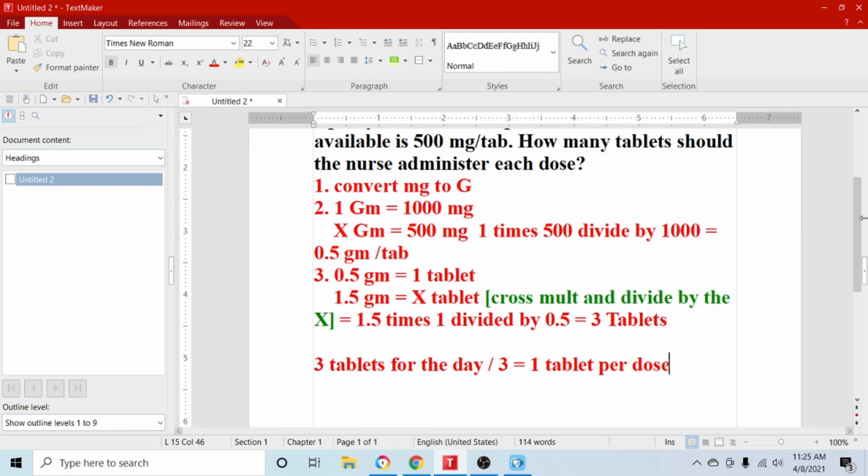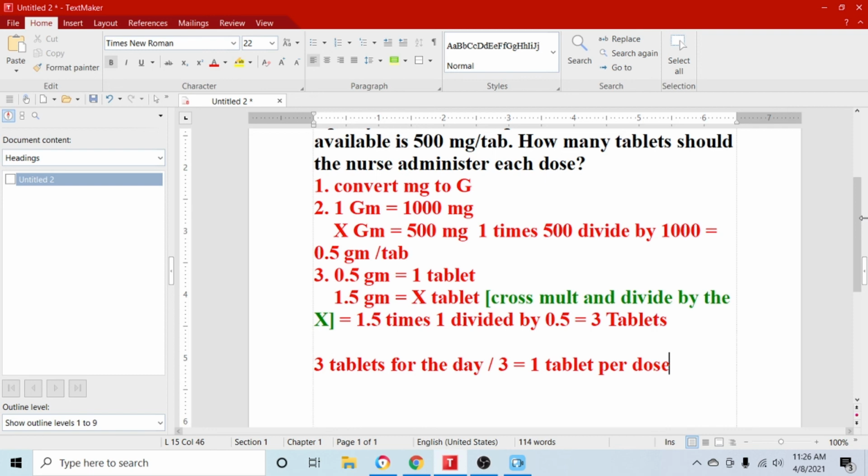And here you have it. The first thing we had to do is convert mgs to grams. The second thing we had to do was set it up so that we can do the conversion. And we came up with a 0.5 gram tablet.